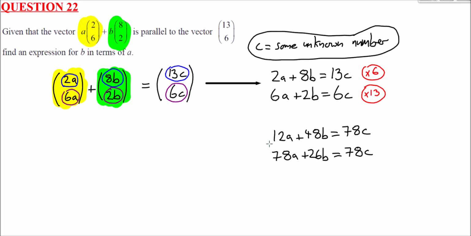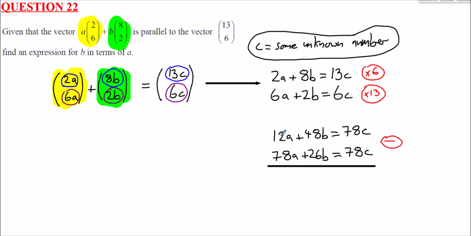I want to eliminate C because I'm not interested in C, like I've said before. I just want something relating B and A together. So what I'm going to do here is do one line, take away the other, because both these 78C's are positive terms. That's positive and that's positive, and the signs are the same, so we subtract. So now what we're going to get is 12A minus 78A.